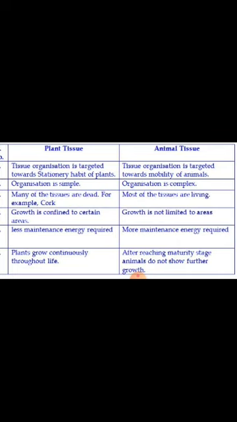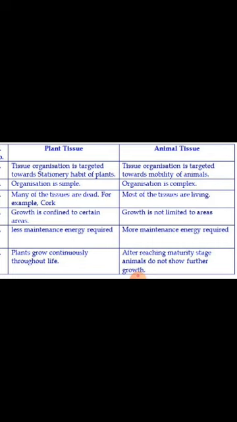Whereas in animal tissues, the growth is not limited to certain areas. In plant tissues, less maintenance energy is required, whereas in animal tissues, more maintenance energy is required. Plant tissues grow continuously throughout life, whereas animal tissues, after reaching the maturity stage, do not show further growth.